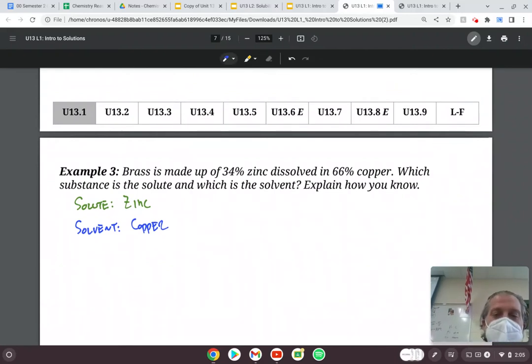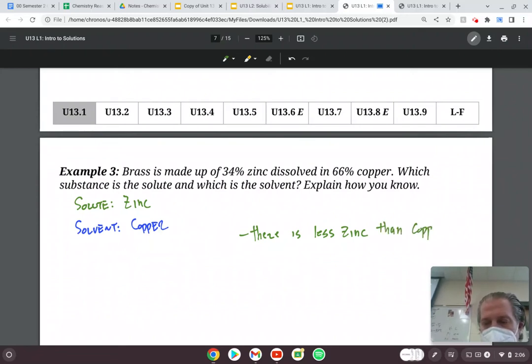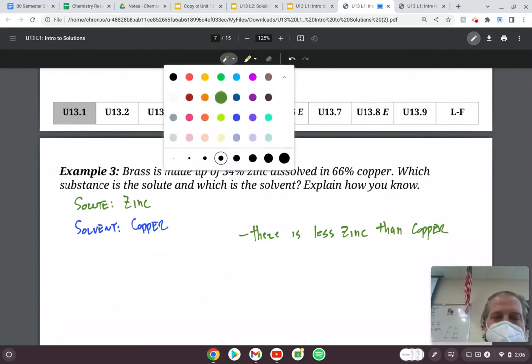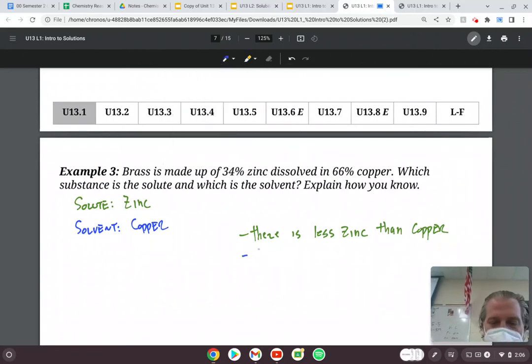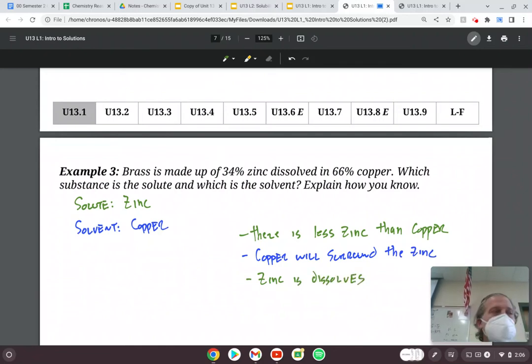So what you had said was there is less zinc than copper, and so that means that the copper will surround the zinc, which means that the zinc is dissolved.